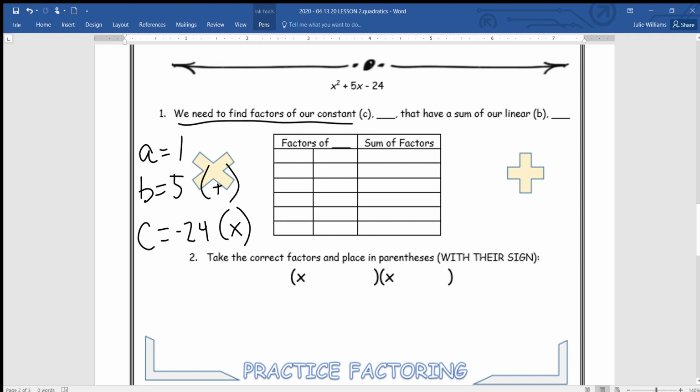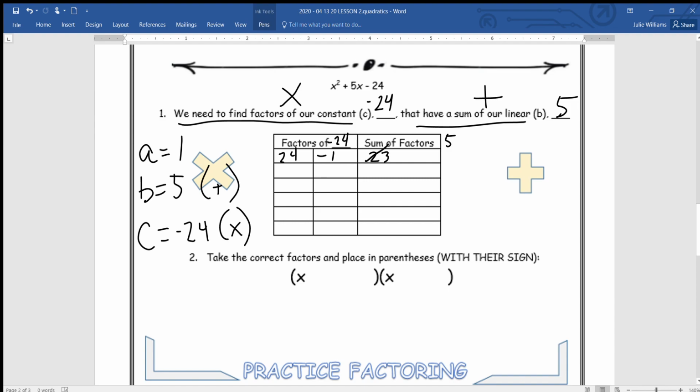Okay, so factors of -24 that have a sum, this means plus, this means multiplication, sum of your linear, which in this case is 5. Okay, so factors of -24 that have a sum of 5. Okay, so let's think. 24 and -1, that's not going to be it, is it? They have a sum of 23.